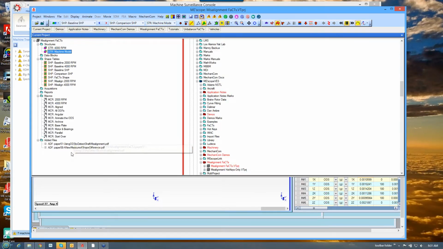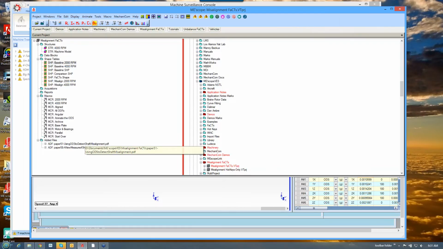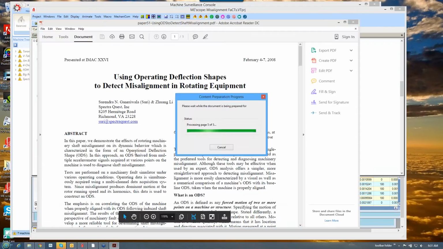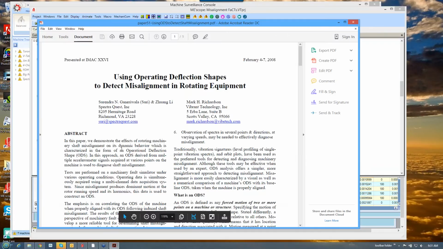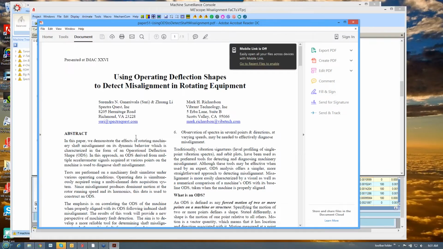So we looked at the new measure of shape difference, but let's look at this other tech paper upon which the use of ODS to detect misalignment was written. So this paper here was written back when. Let's get rid of this guy here. This is another IMAC conference.